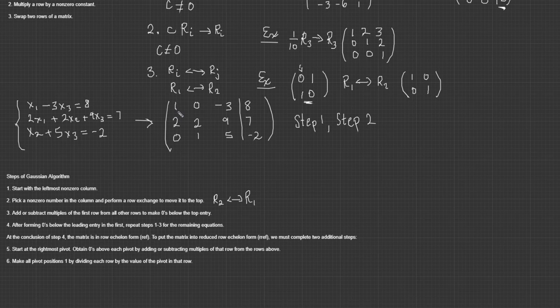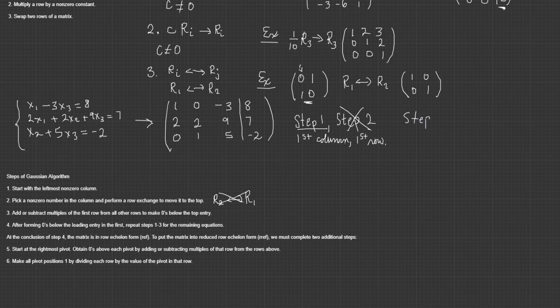So at this point, we can just start with the first column and the first row, and we don't have to worry about step 2 or that row swap. So, okay, at step 1, we're looking at the first column and the first row.